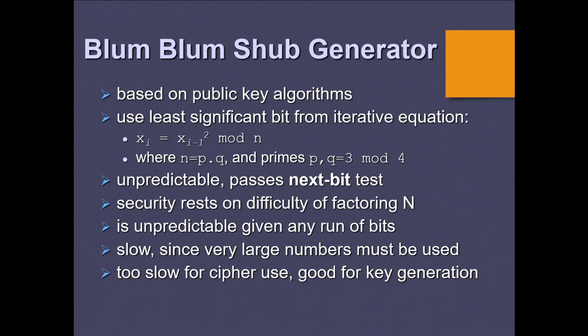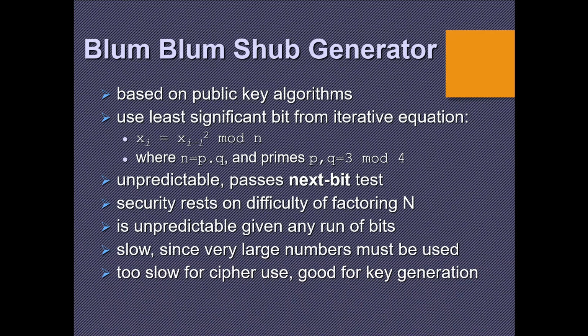Another popular approach to generating secure pseudo-random numbers is known as the Blum-Blum-Shub generator, or BBS generator, after its developers Blum, Blum, and Shub. It has perhaps the strongest public proof of its cryptographic strength of any pseudo-random number generator.